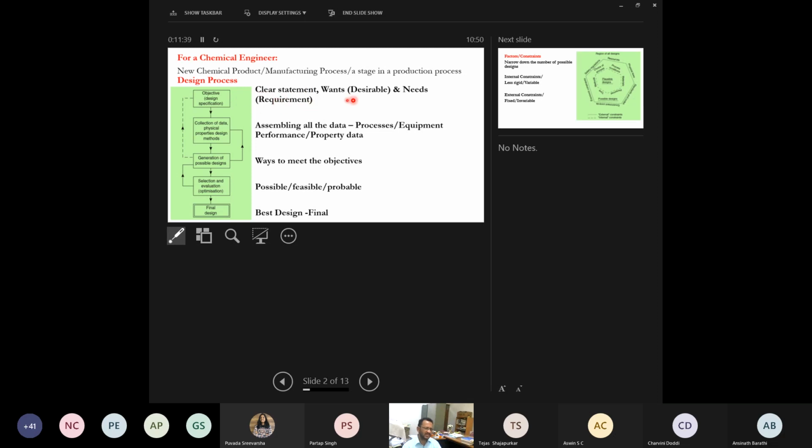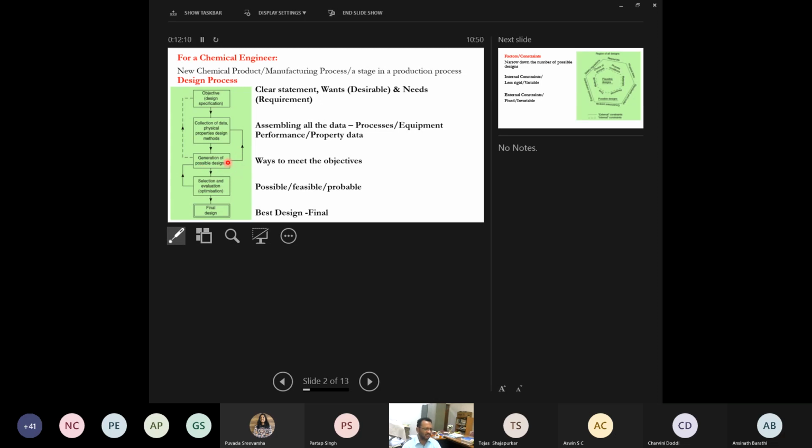If it is an ill-defined statement, we need to do several things. We have to hold high-level meetings, or we can do some simple calculations. From this, we can tune our ill-defined objective into a well-defined objective. Then collect the data, and from the data analysis we can identify ways to meet the objectives.